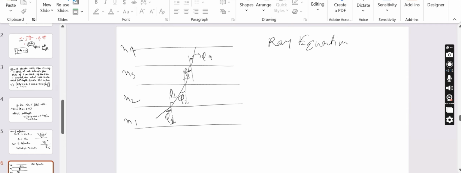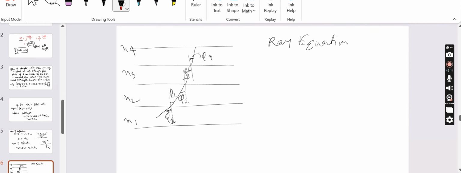But this angle is theta. So this is theta 1. Similarly, this is theta 2, and this is theta 3 and so on.